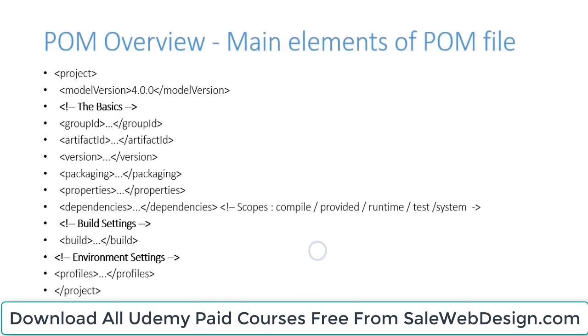Now, assuming that you have a basic understanding of XML, let me now describe the elements of the pom.xml file and start with the main elements. Project root is the root element of POM, and model version should be set to 4.0.0.